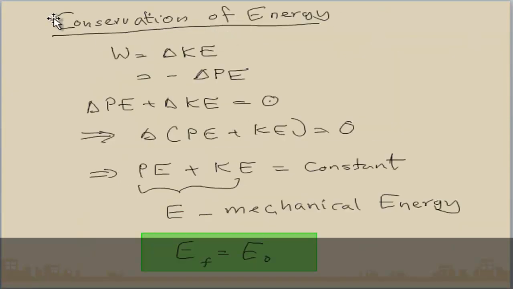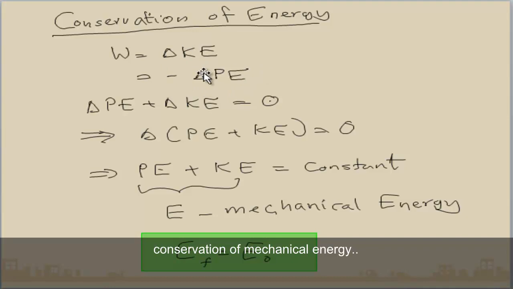Now we can use the work energy theorem and the definition of the potential energy to show that the energy is conserved. This is what we had before. This is the work energy theorem. And then we also know that work is equal to negative times the change in the potential energy.